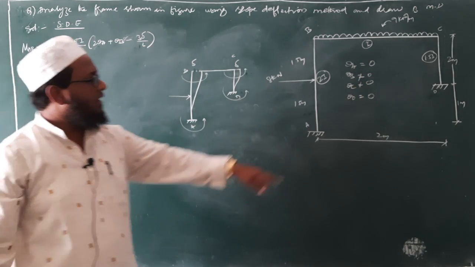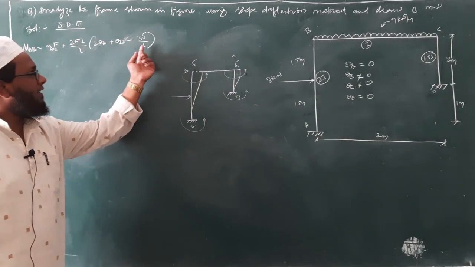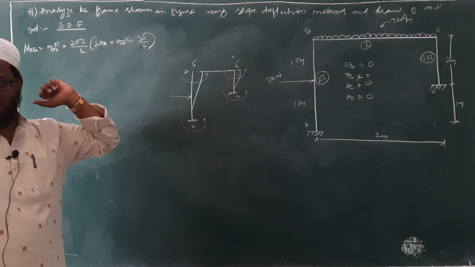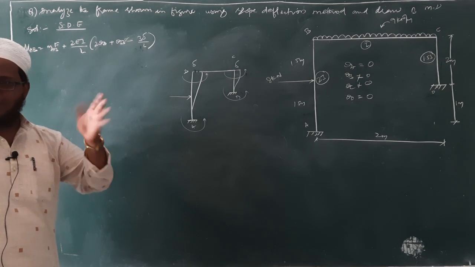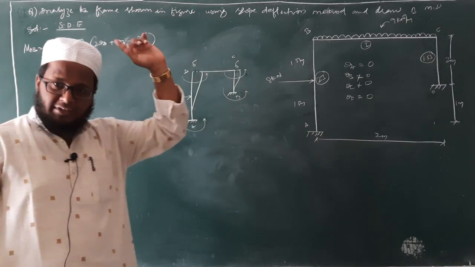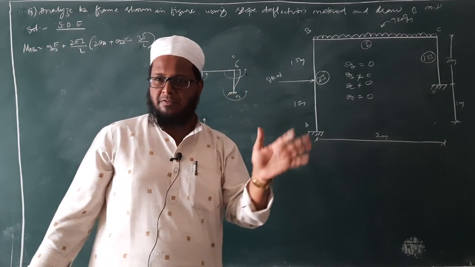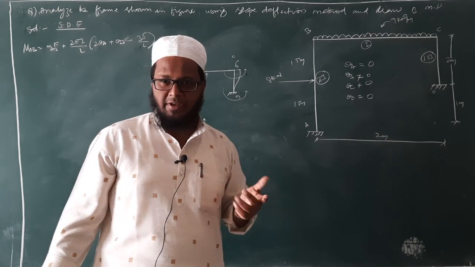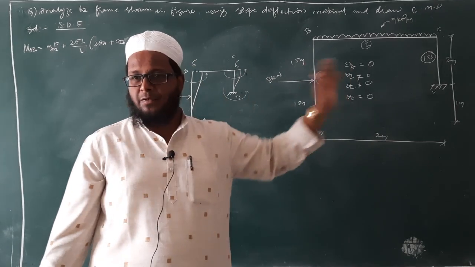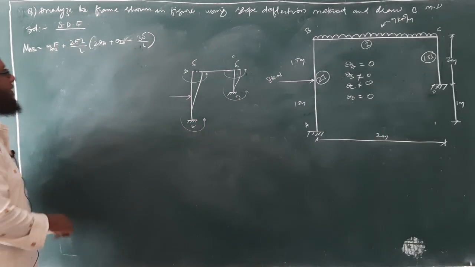So we have to calculate theta B, theta C, and along with that we have to calculate this delta also. Okay, this delta is not given in the question. In the sinking of support problem, delta was given, isn't it? Delta 6, the support B sinks down by 10 mm, 15 mm, 20 mm, whatever it may be. But here we don't know how much deflection is occurring. So we have to calculate that.